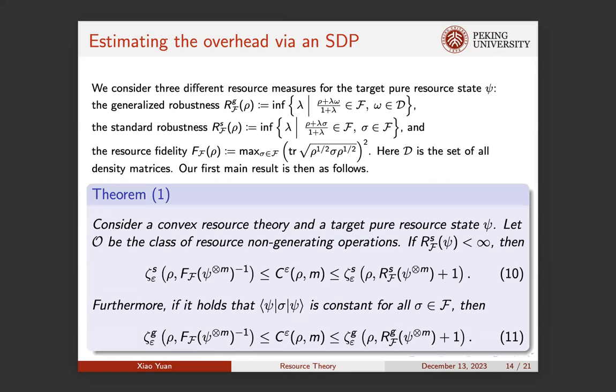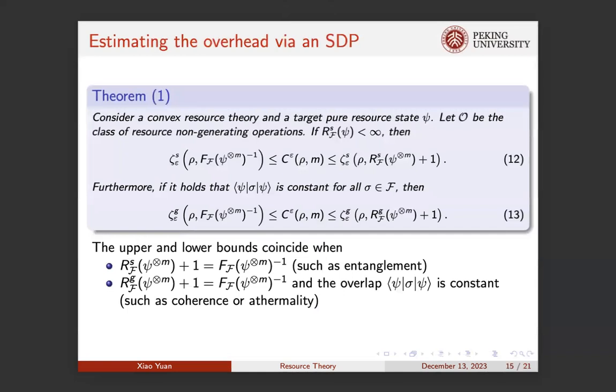So it seems they are still kind of unrelated. But actually, we can further show that in many cases the upper and lower bounds coincide. For example, for many resource theories such as entanglement, we can show that this part equals this part if we consider the Bell state. And in other resource theories such as coherence, we also have this part equals this part.